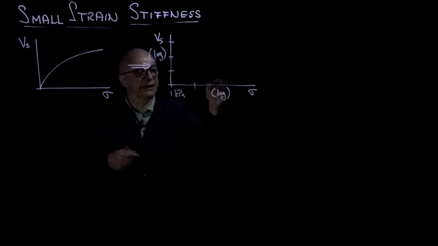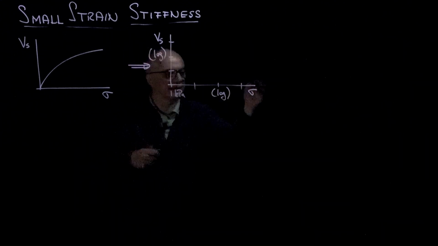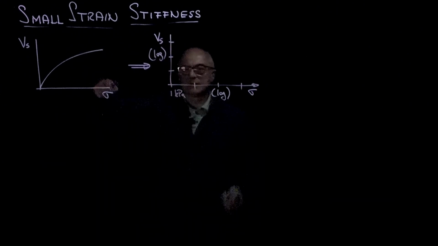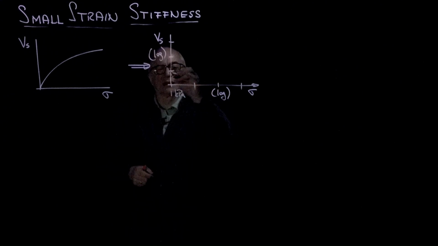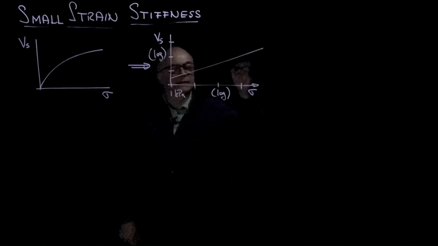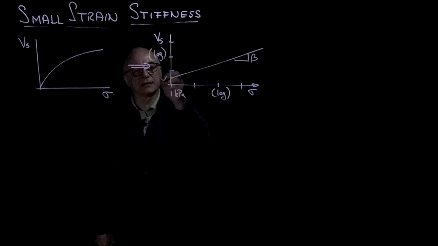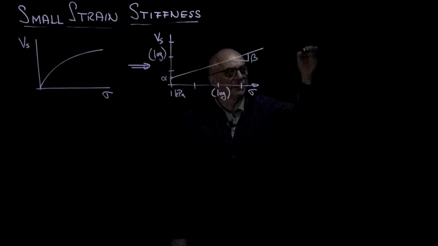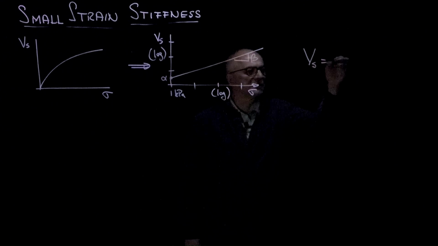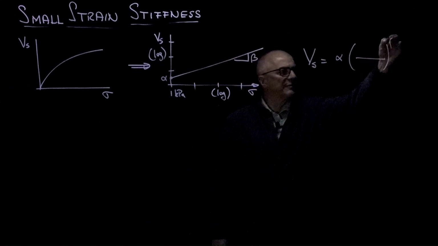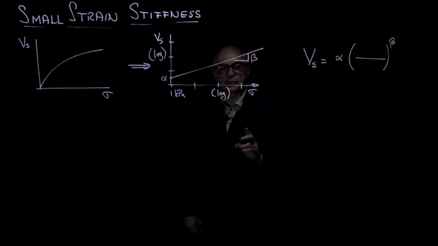And now I could have 10, 100, 1 megapascal, etc. So this power line becomes a straight line, and this is the exponent beta, and this is the intercept at 1 kPa, the value of alpha, where, once again, the shear wave velocity is equal to alpha, the state of stress, to the beta. Now, at this point, I have to add one more component.